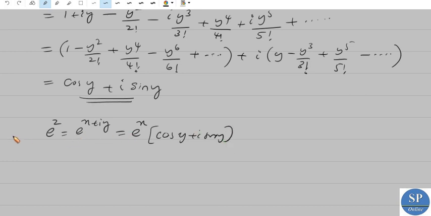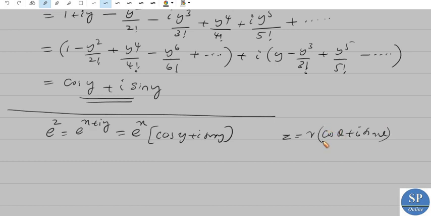Right. We already defined the polar form of a complex number, which was this, right? So the polar form of a complex number was z is equal to r into cos theta plus i sin theta. This was our polar form of a complex number.